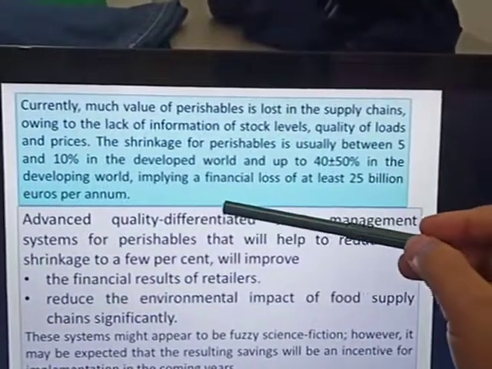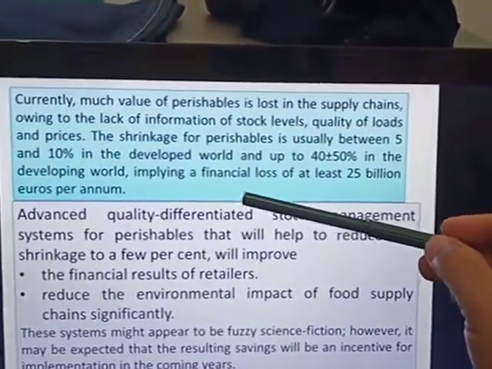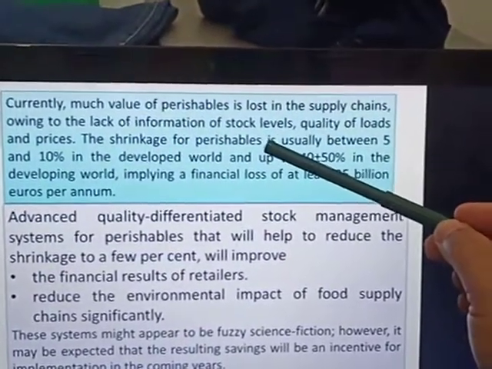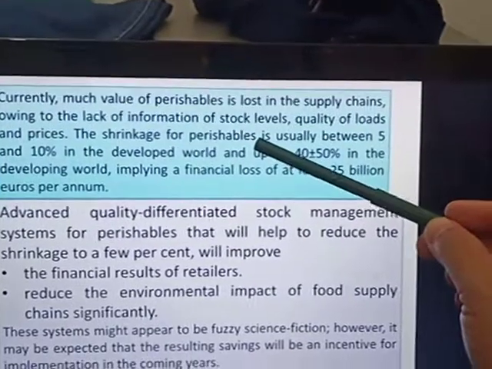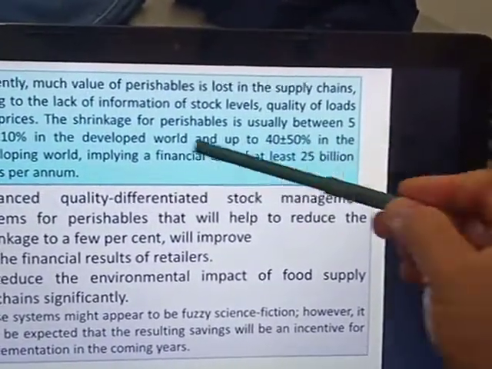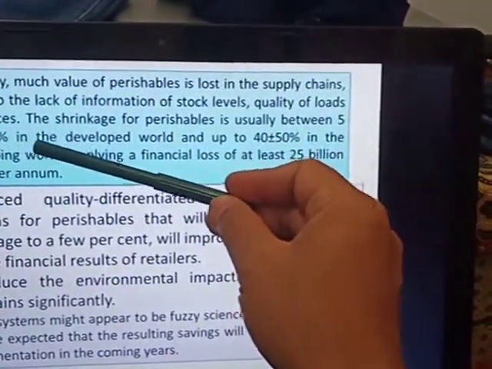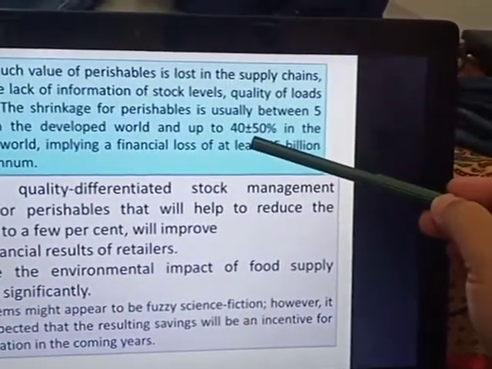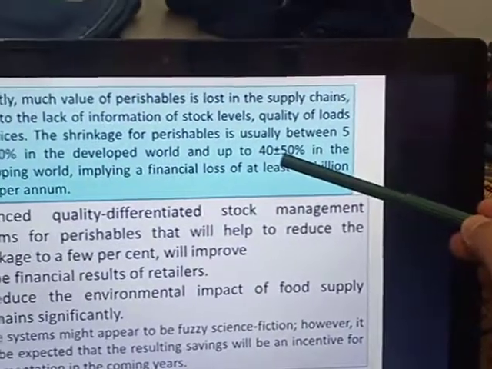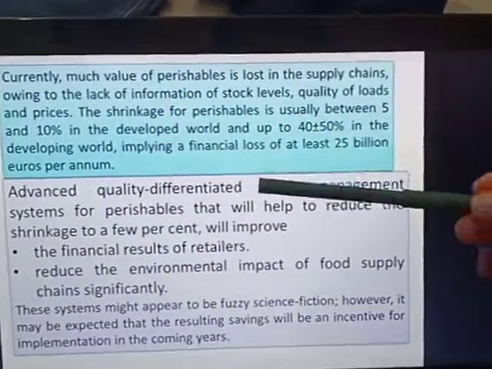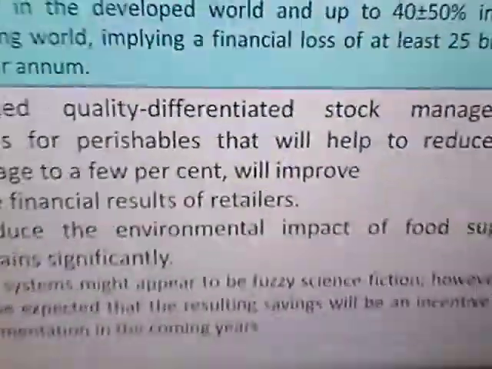So this information technology is very important to reduce the loss of perishable goods. In a developed country like Europe, only 5 to 10% loss. But in a developing country, in Africa for example, the loss could be up to 50%. Economic loss.